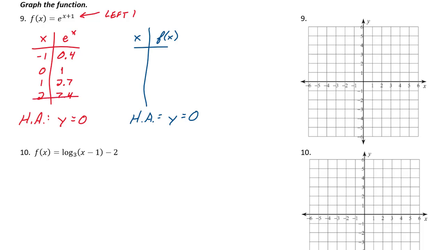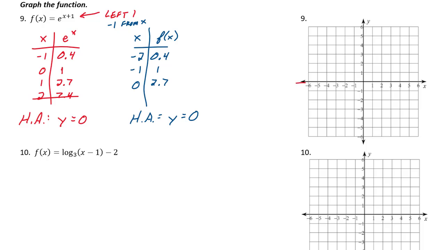Now what's happening is I'm going left 1, so that should mean I'm going to take away 1 from the x's, because if I go left they should decrease. So if I just take the 3 x's that I have and decrease them by 1, that would give me a -2, a -1, and a 0. But the y values of 0.4, 1, and 2.7 would not change. So now let's go ahead and put these in action on our grid.